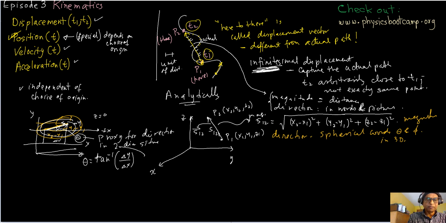That's going to be theta. So that's the angle we'll use as a proxy for telling the direction. And we're always going to tell the direction with respect to the positive x-axis, maybe almost always. Sometimes we might say, okay, what's the direction with respect to the negative x-axis, or the positive y-axis? Any of those angles will be okay.